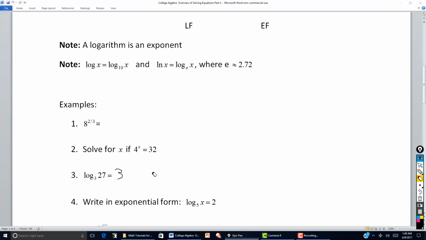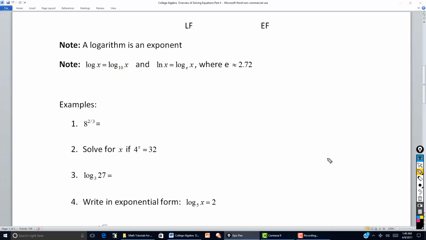Because 3 to the third is equal to 27, or 27 is equal to 3 to the third, same thing.